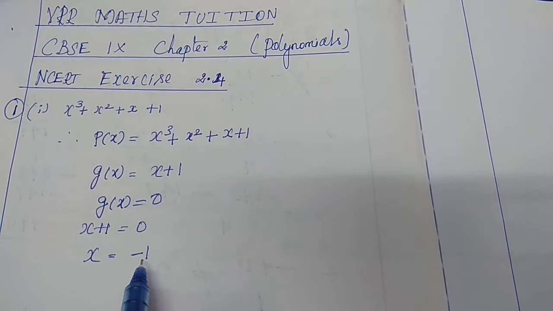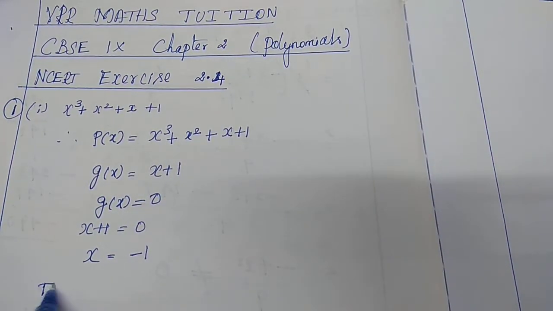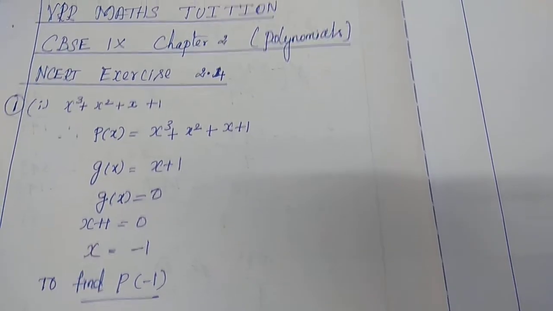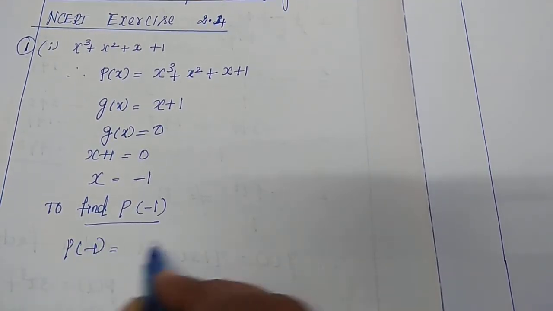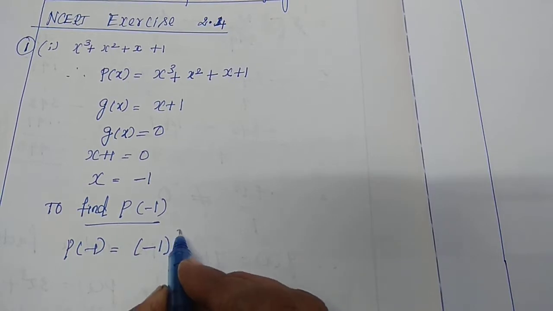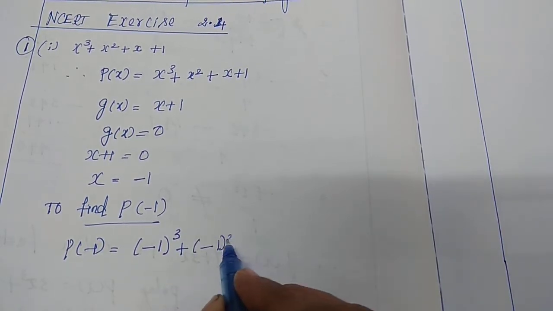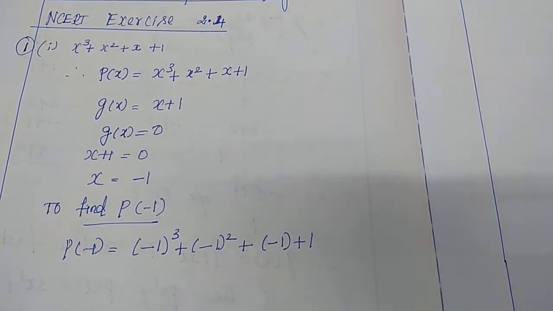So substitute minus 1 in p of x, that is, to find p of minus 1. So p of minus 1 is equal to minus 1 the whole cube plus minus 1 the whole square plus minus 1 plus 1.